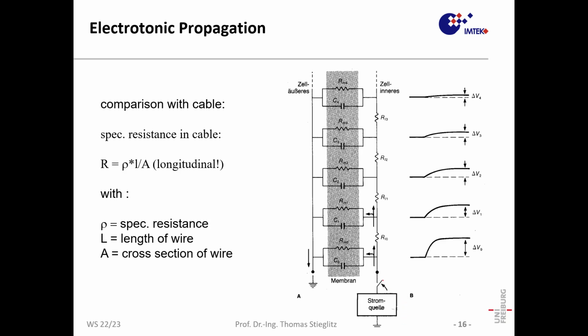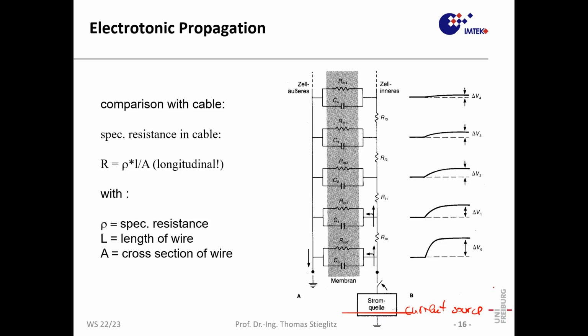That's the current source. And we measure the potential. And we have a longitudinal resistance. Then we have a voltage drop over the resistance. And the amplitude would get smaller and smaller and smaller over space.